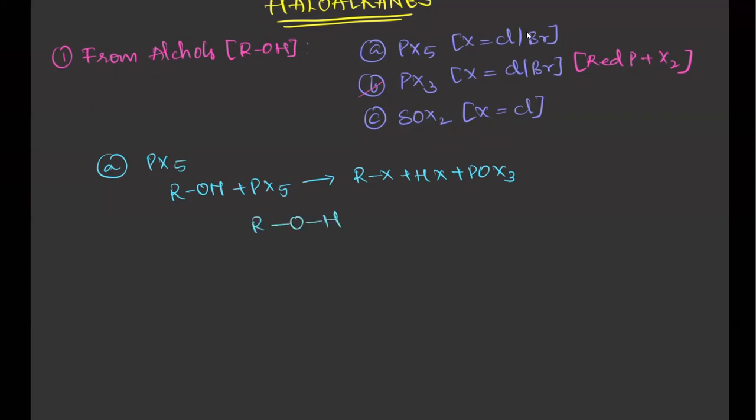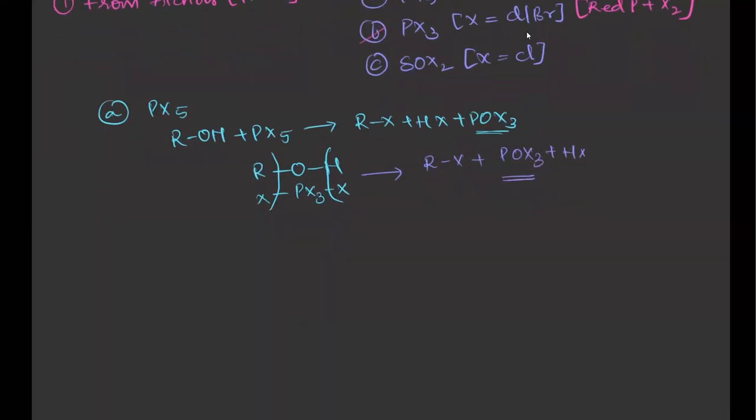ROH, as I want X3 here, so I'm going to split the PX5 as PX3, X and X. When I cut this reaction in this way, I'm going to get the following products: RX plus POX3 plus HX. This would be a simpler way.